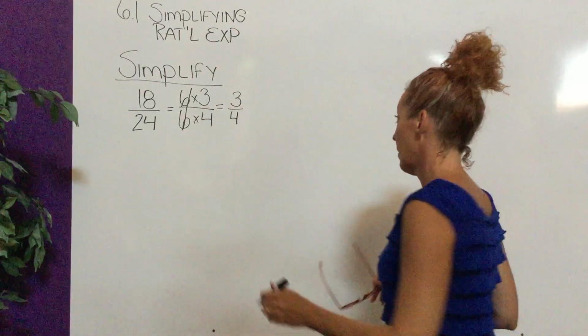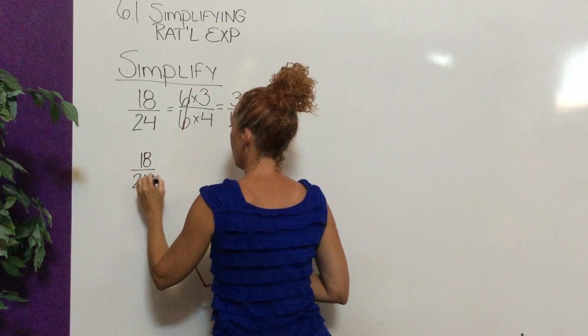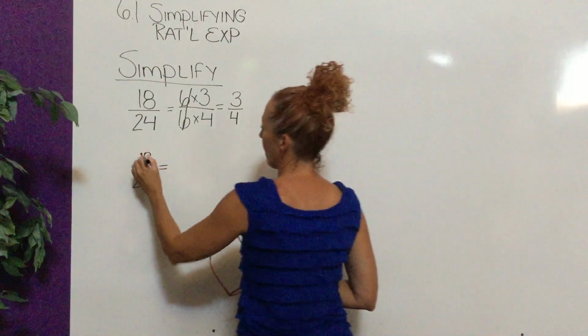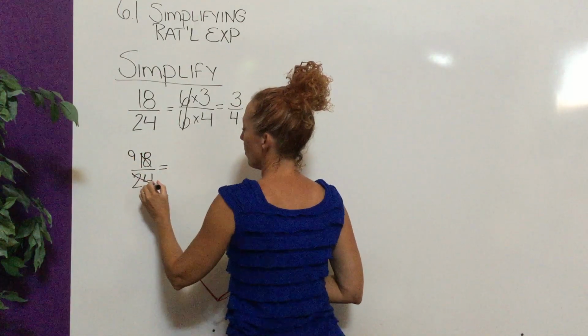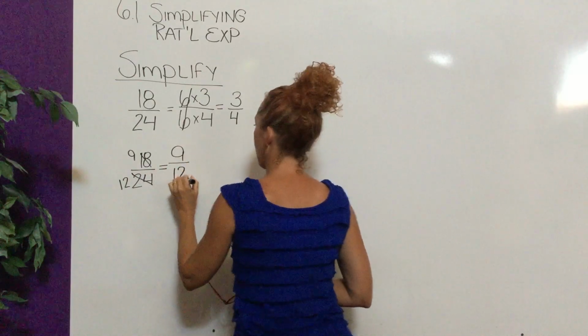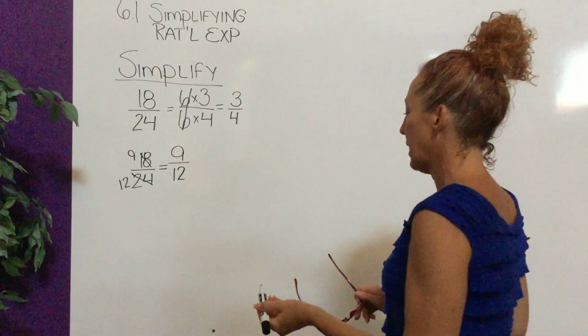Maybe somebody else approaches that same fraction, and they think, gosh, well, 2 goes into 18 9 times, 2 goes into 24 12 times. So now they've got it down to here. They break it down a little piece at a time.